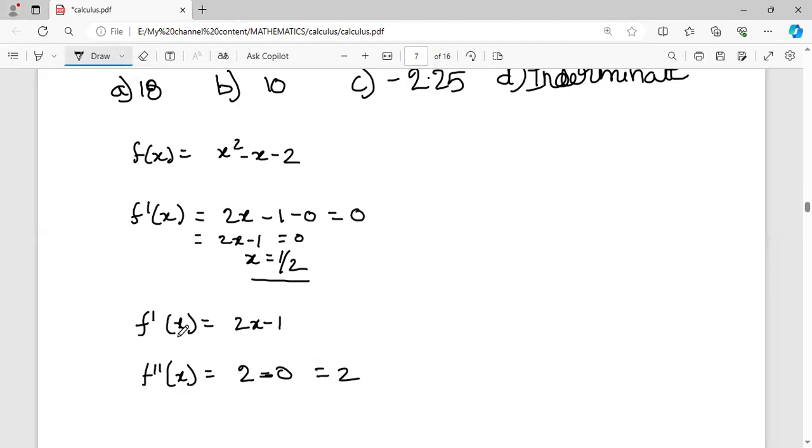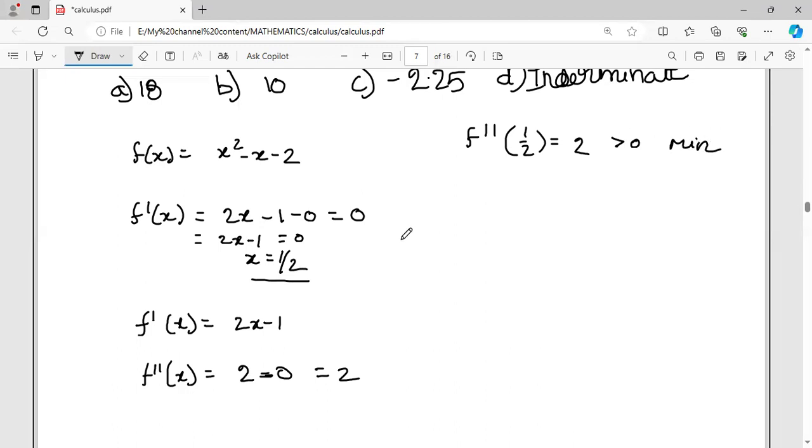To find the maximum and minimum, first f double dash of 1 by 2 equal to 2, which is greater than 0. Which means here we have the minimum value.